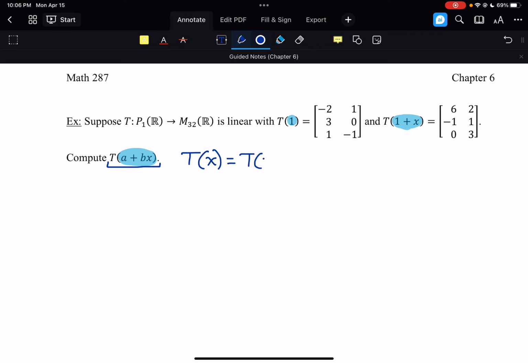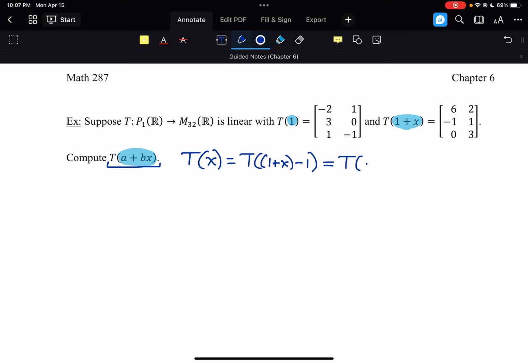So this is going to be T of 1 plus X minus 1. So let me rewrite that here: 1 plus X minus 1. 1 minus 1 would cancel out, and we'd be left with X, so these are the same thing.